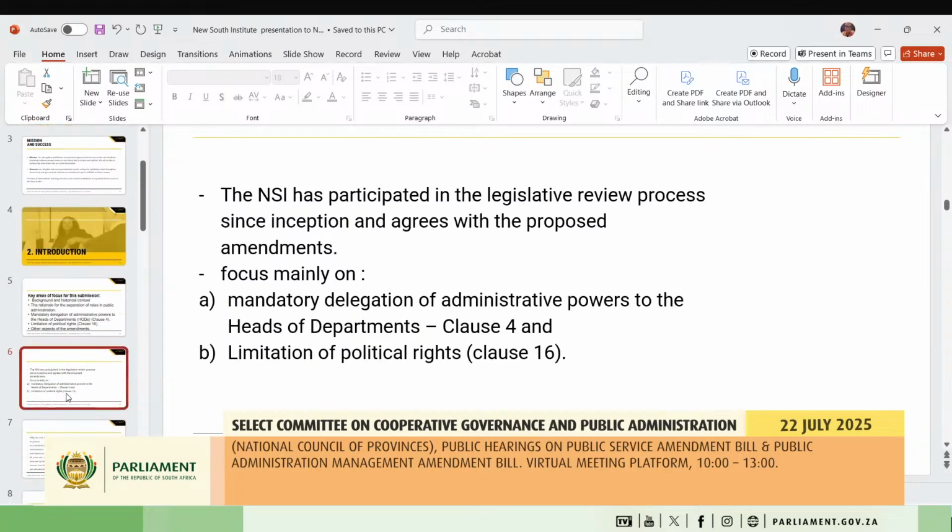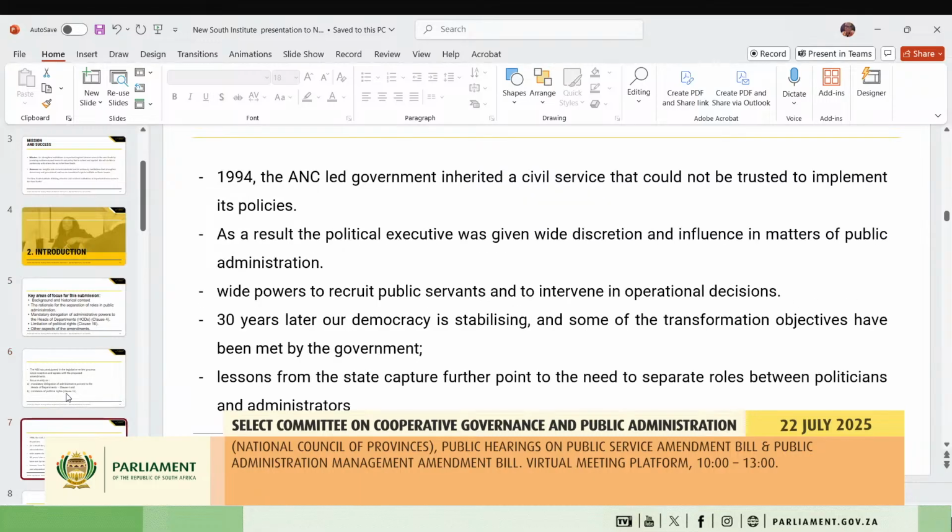We think they are part of a broader legislative agenda to ensure reforms in the public sector, and therefore we are in support. We have participated in the legislative review process since inception, focusing mainly on mandatory delegations and limitation of political rights.